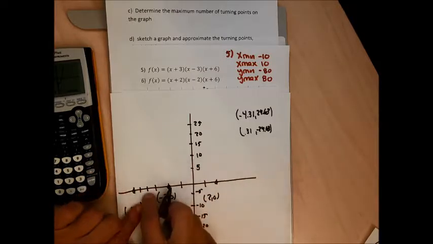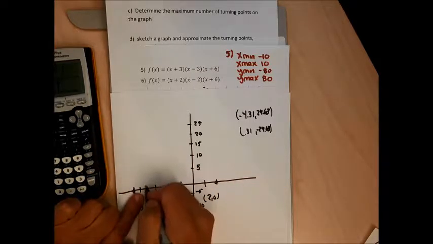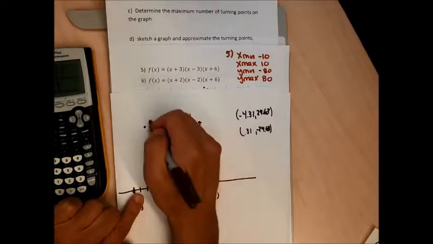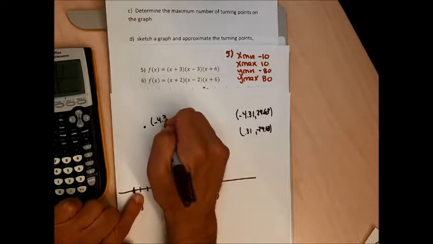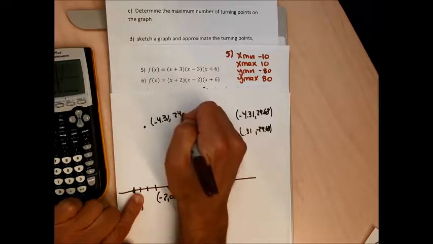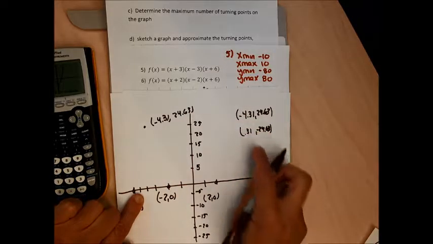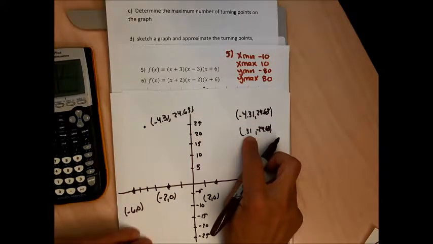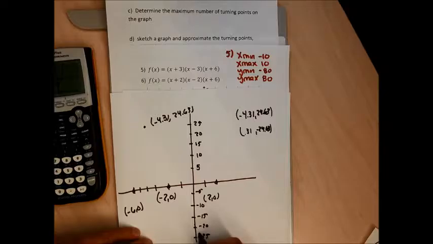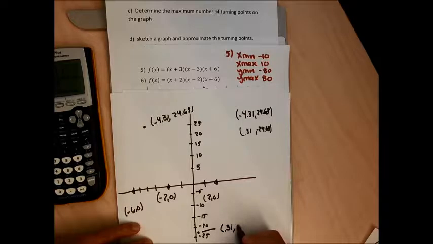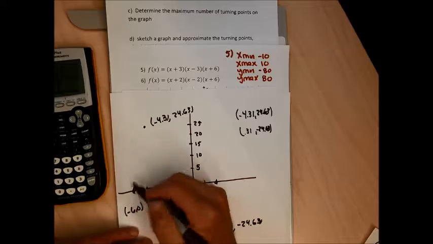So negative 4.31, 24.63, I'm going to call that. And then positive 0.31, negative 24.63, I'm going to call this. And this I'm going to connect through these points.